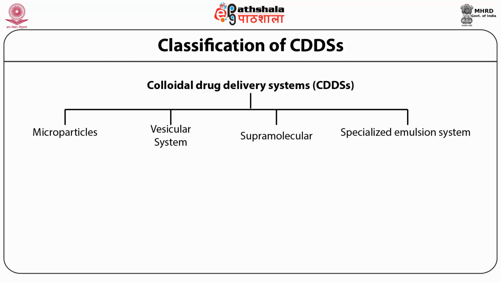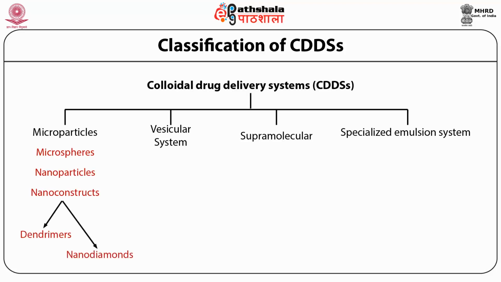Now, if you look at the classification, microparticles can be further classified as microspheres, nanoparticles, and nanoconstructs. And nanoconstructs are further classified as dendrimers and nanodiamonds. Talking about vesicular systems, we have four types: liposomes, niosomes, nanoliposomes, and pharmacosomes.